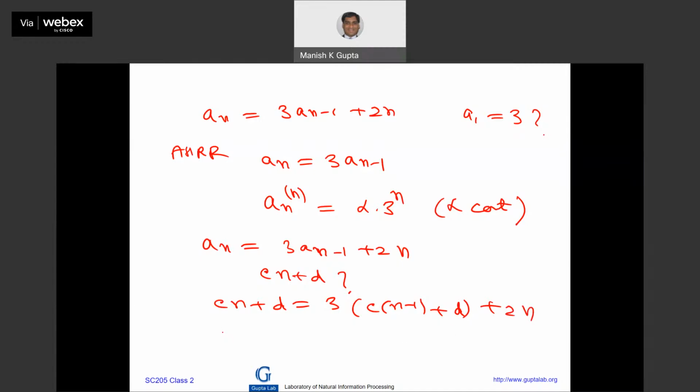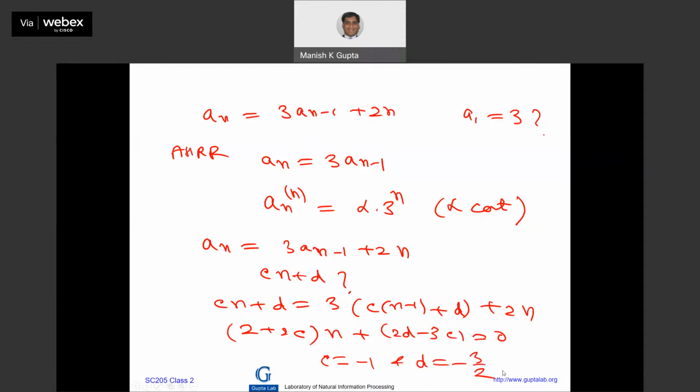This implies that (2 + 2c)n + 2d - 3c = 0. So you can solve the two equations, and you will get c = -1 and d = -3/2.